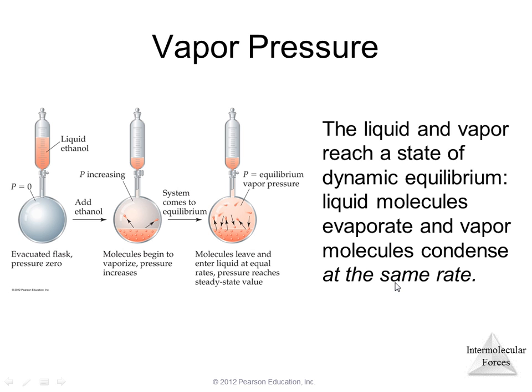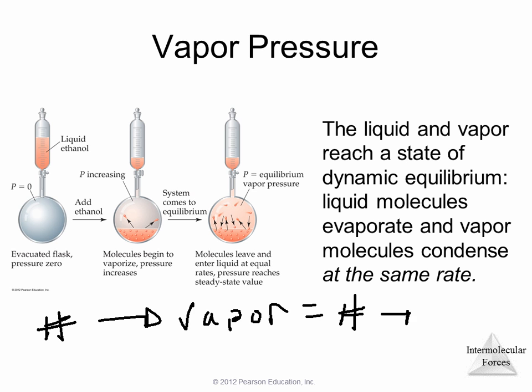Vapor pressure is when we reach equilibrium, dynamic. It's a steady rate of change. What that means is the same number of molecules leaving the liquid phase into the gas phase equals the number of molecules going into the liquid phase. So the number going into vapor equals the number into liquid.